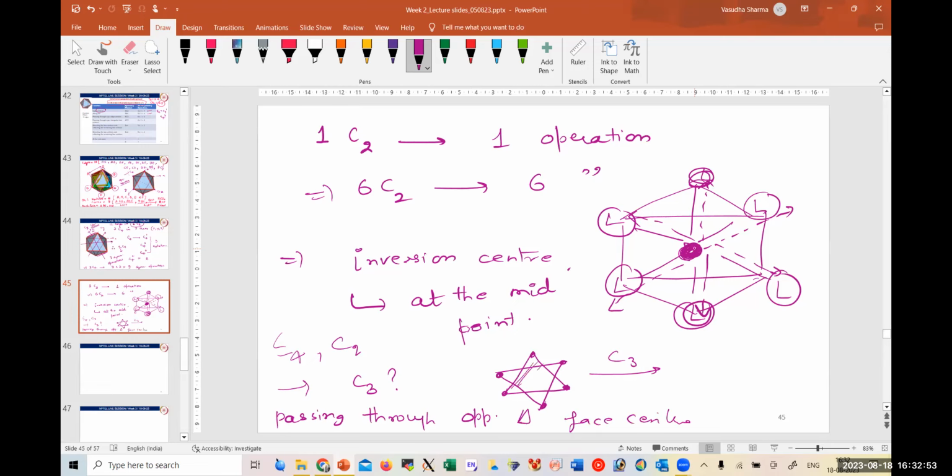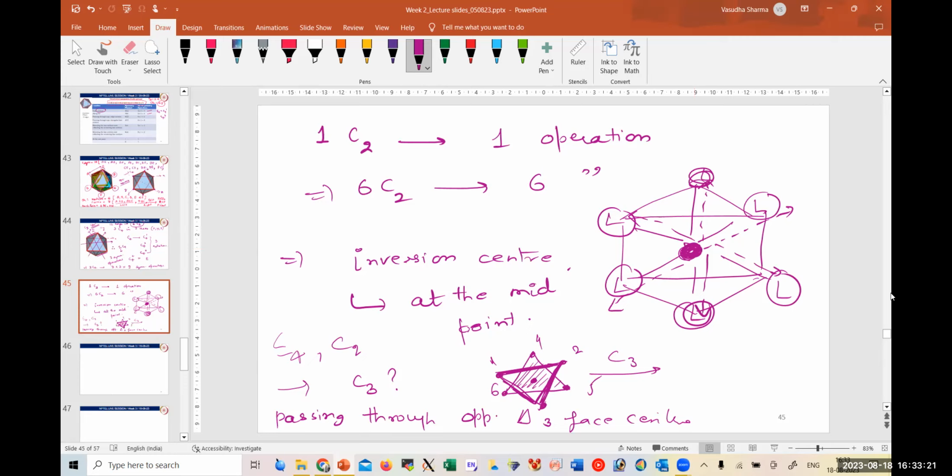So if suppose this is one face and the inverted one is the dark. So the center in between these two, and if the axis is passing through that, there would be a rotation of C3, like 1, 2, and 3 will be rotated among themselves. 4, 5, 6 will be rotated among themselves by 120 degrees, and therefore they will retain their equivalent conformation.